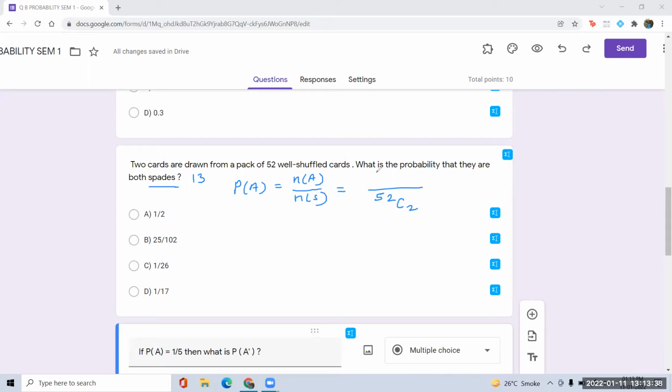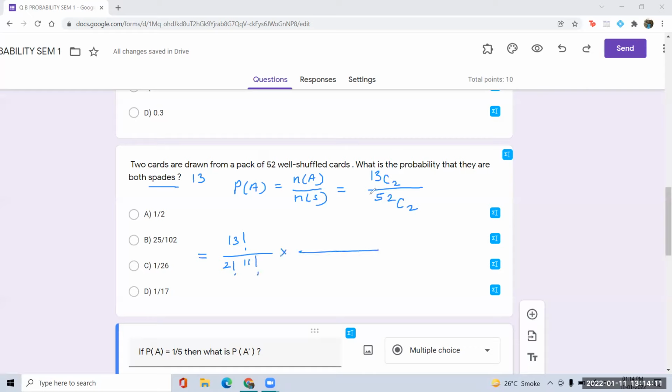And in the numerator, from 13 spades, the 2 cards should be drawn. So that is 13C2. Now you need to simplify these two things. Let me show you a shortcut of simplification. So I have 13C2, that means 13 factorial upon 2 factorial into 13 minus 2, that is 11 factorial.